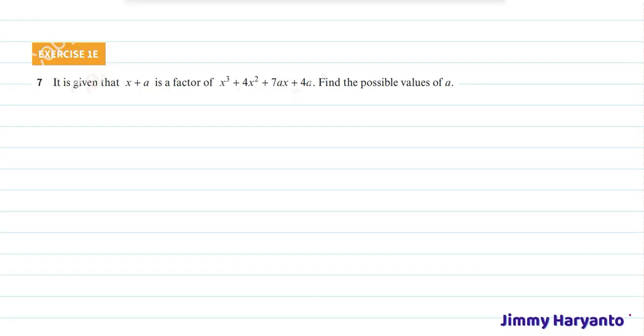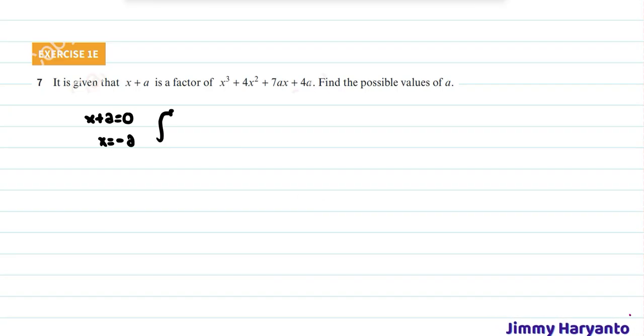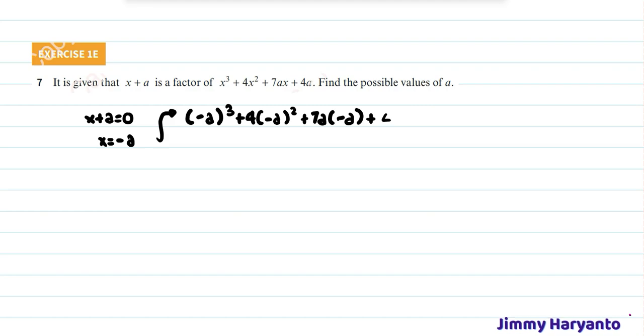Next is question 7. It is given that x plus a is a factor of that one. So x plus a equals to 0, x equals to negative a. First, we have to find the value of the x and then input it into the polynomials. Negative a to the power of 3 plus 4 times negative a to the power of 2 plus 7a times negative a plus 4a.